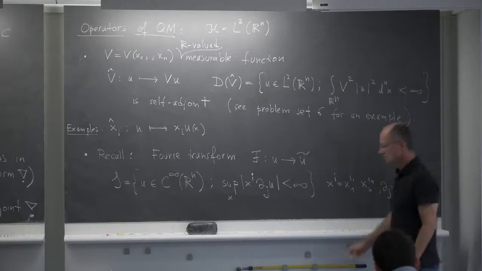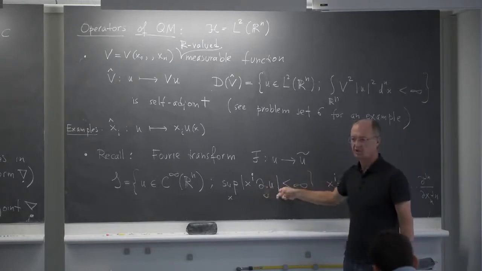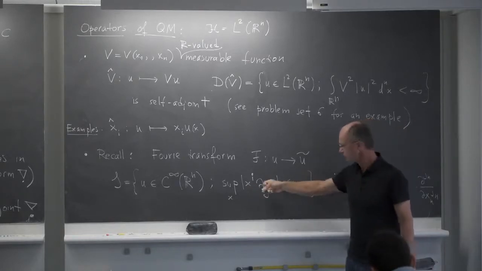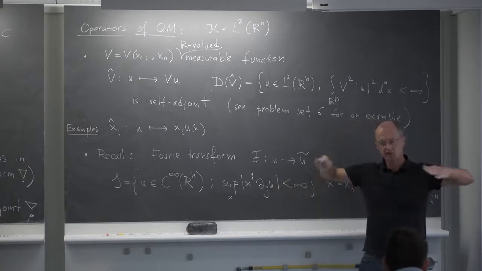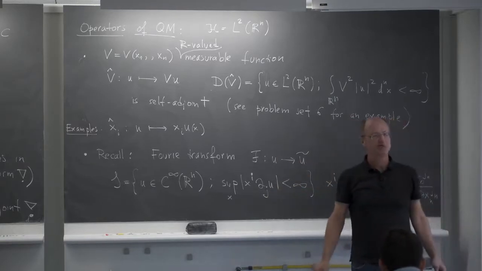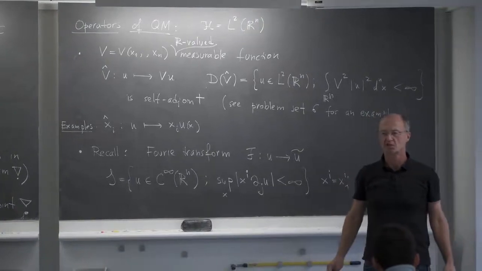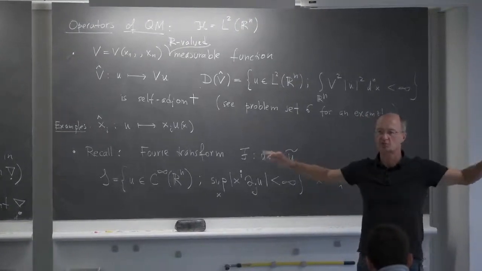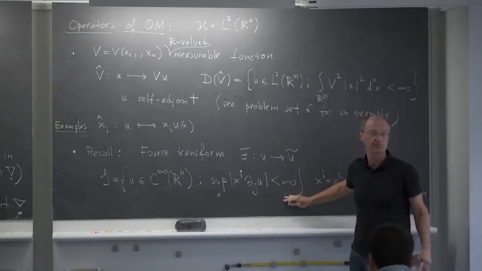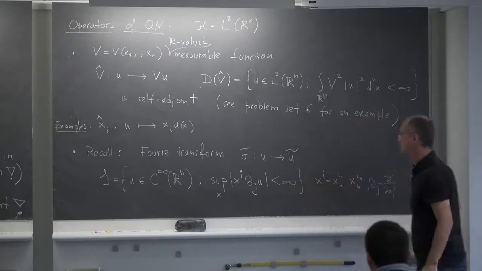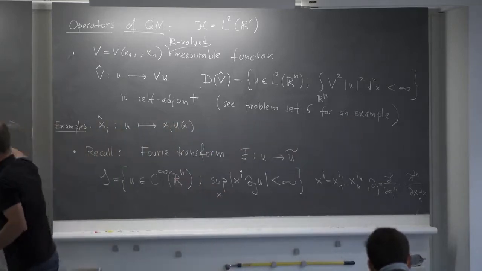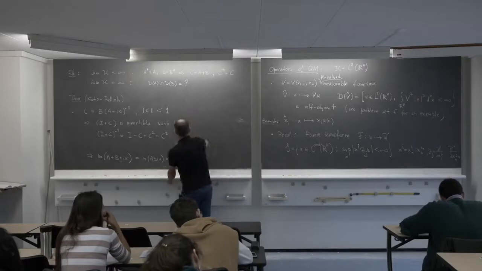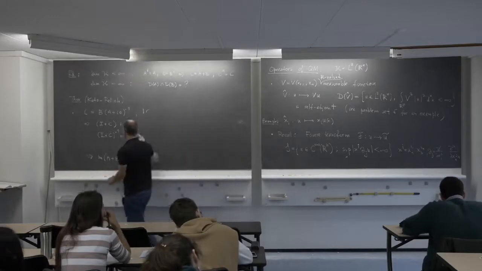So any polynomial times any derivative of u, all the suprema like that are finite. So this means that u's have to decrease pretty fast, faster than any polynomial at all kinds of infinities.